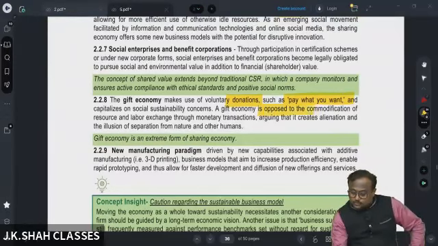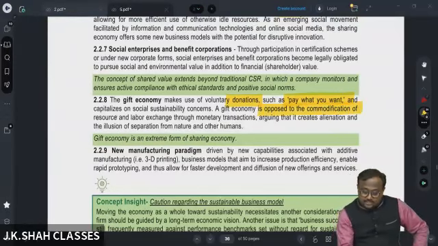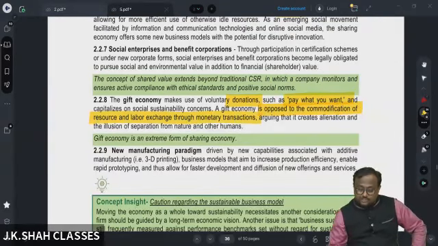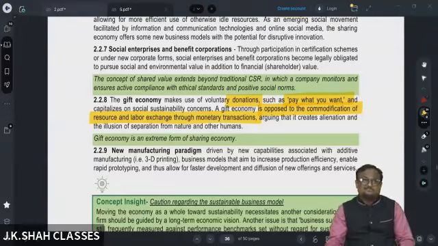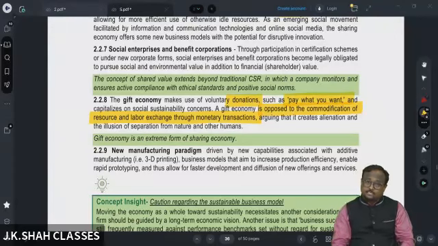It is opposed to the commodification of resource and labor exchange through monetary transactions. It's like giving aid to some, like India giving aid to Sri Lanka, or US funding Pakistan. Gift economy.